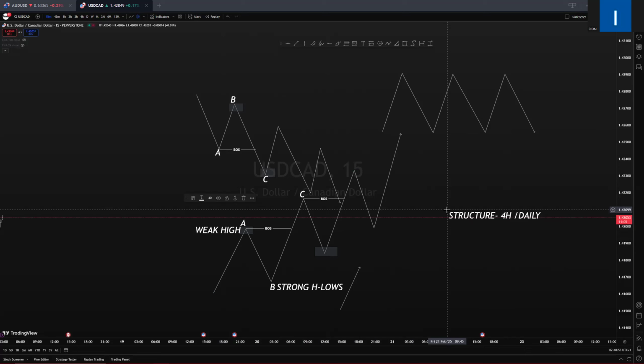Sometimes, depending on the kind of trader you are, you might want to focus on the 1 hour and 2 hour time frames if you are an intraday trader.